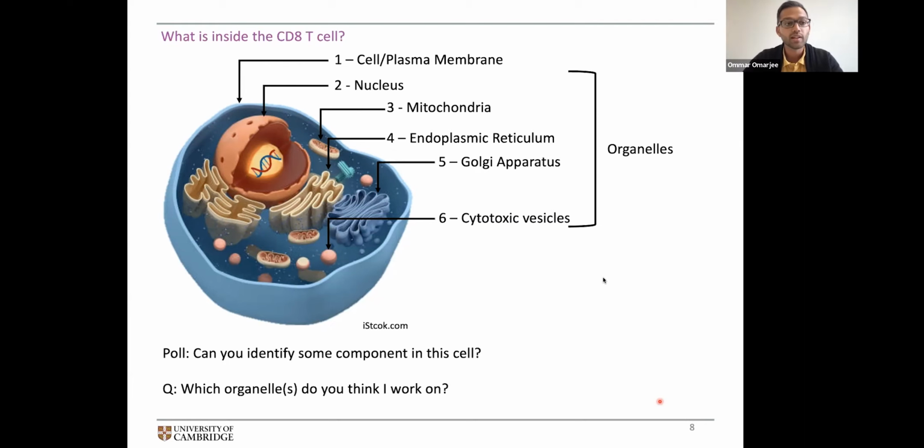Yes, so actually there are a lot of components. Most animal cells have the same composition, except for the cytotoxic vesicle. They will have other types of vesicle, but not a vesicle that contains perforin and granzyme. Otherwise, all these components are true in all animal cells. If you want me to go into slightly more detail, the only exception in our body is red blood cells, which don't have a nucleus in order to maximize their ability to carry oxygen around.